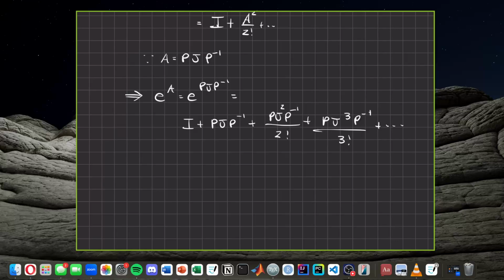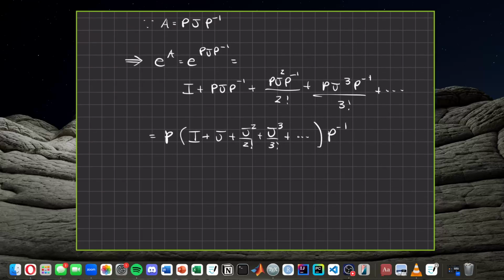So we can rewrite this as P times the identity plus J plus J squared over 2 factorial plus J cubed over 3 factorial plus on and on, and then on the other side here we have P inverse.